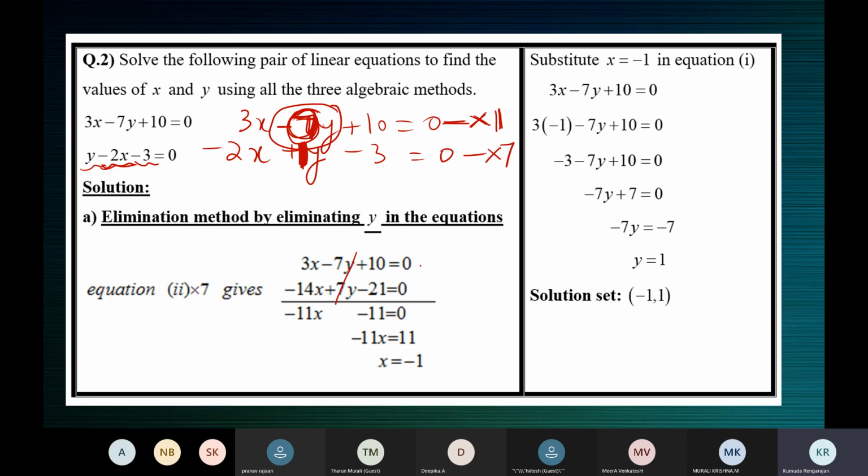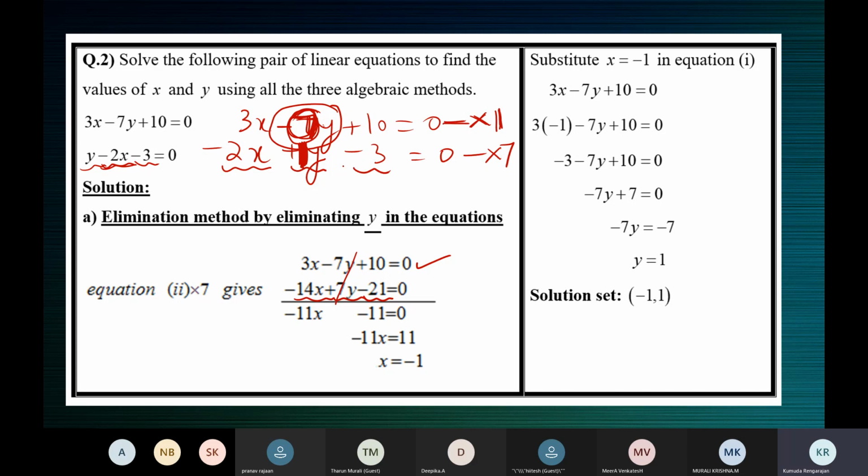So you can see the first equation as it is: 3x minus 7y plus 10 is equal to 0. And the second equation on multiplying by 7, every term should be multiplied by 7. So minus 14x plus 1y into 7, 7y, minus 3 into 7, minus 21.